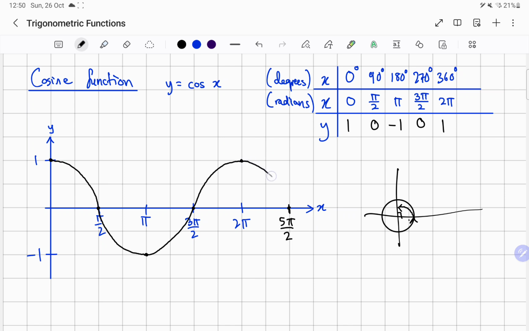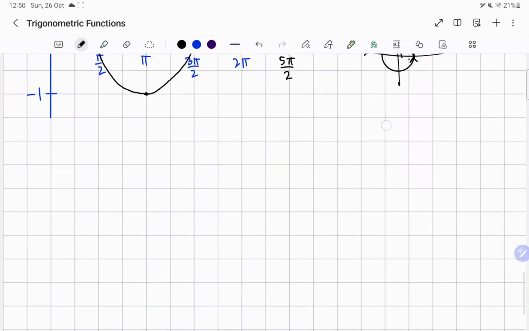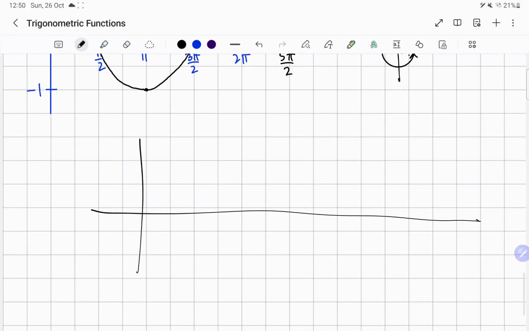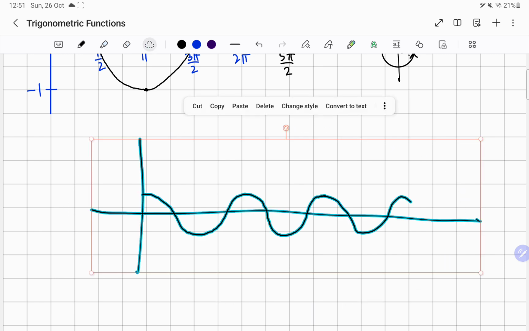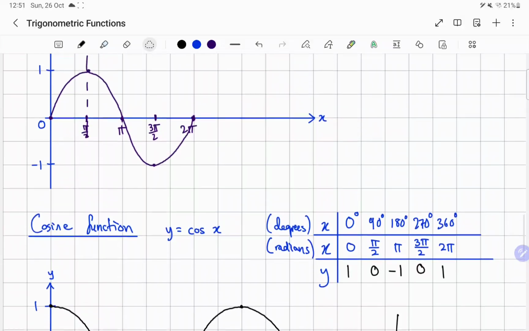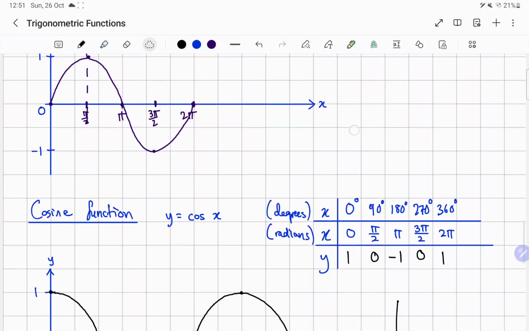So this graph will come down here, and you will notice that this graph will keep going. Your cosine graph also looks like that, it'll keep going. Of course I didn't draw it very nicely, but this holds for both the sine and cosine graphs and tangent as well.